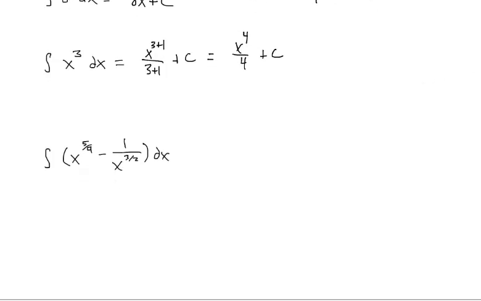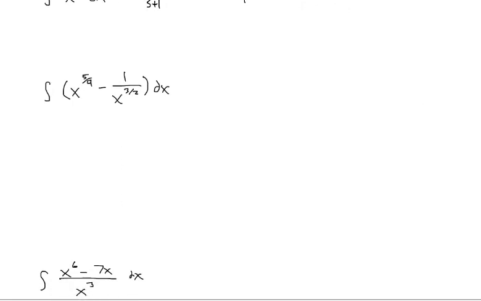In this next example, I have the integration of x to the 5/4 minus 1 over x to the 3/2. And just like when we took derivatives, it's good to rewrite these first with all your variables in the numerator so we can use the power rule. So here I'm going to rewrite this as x to the 5/4 minus x to the negative 3/2 dx.